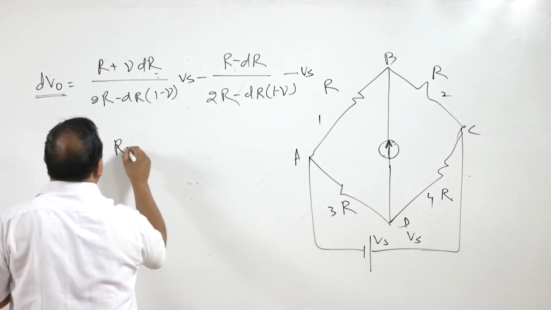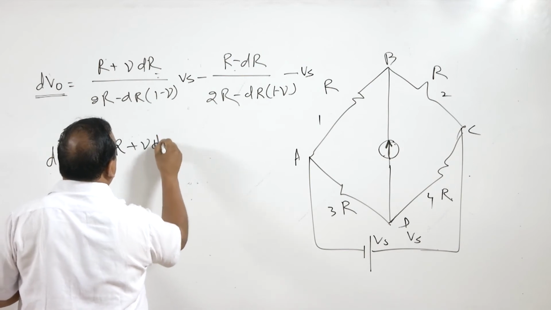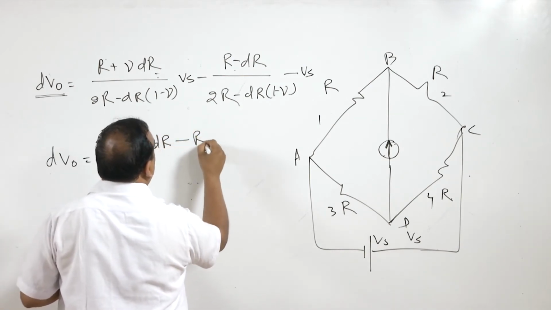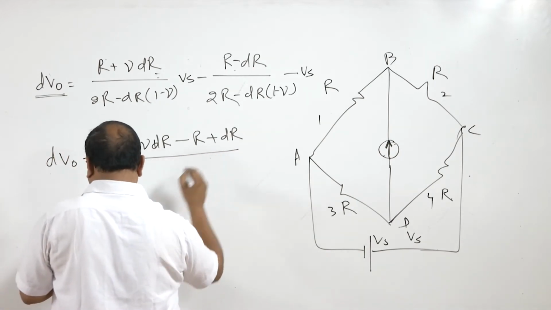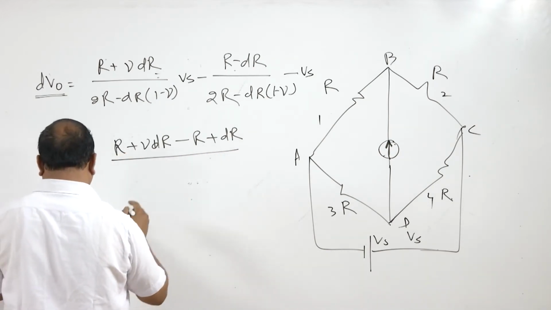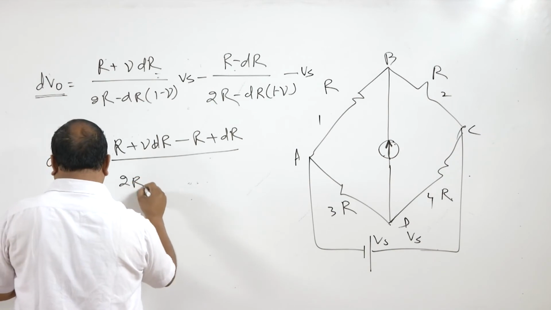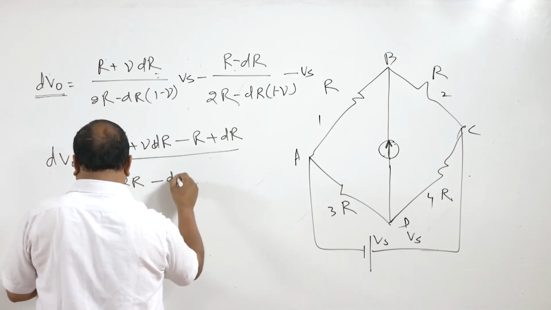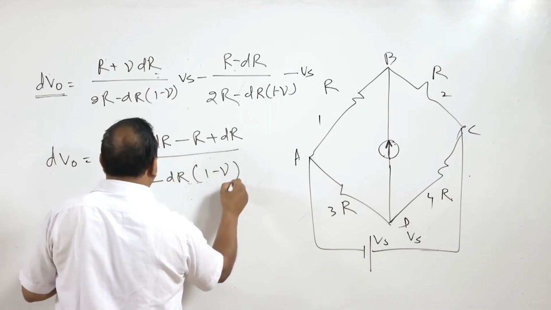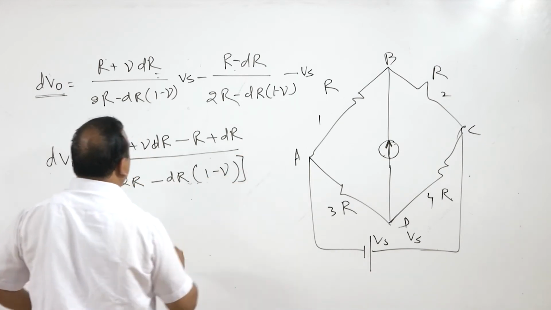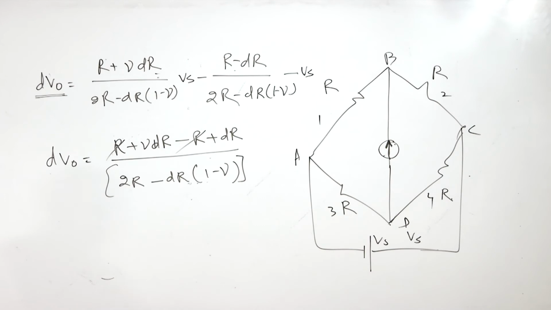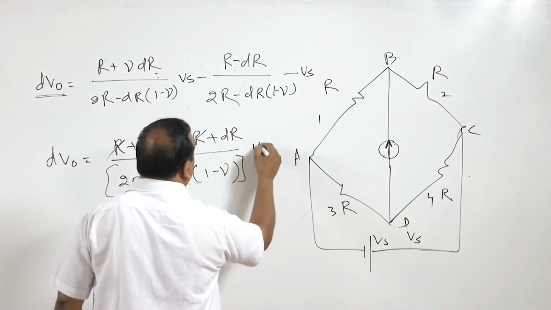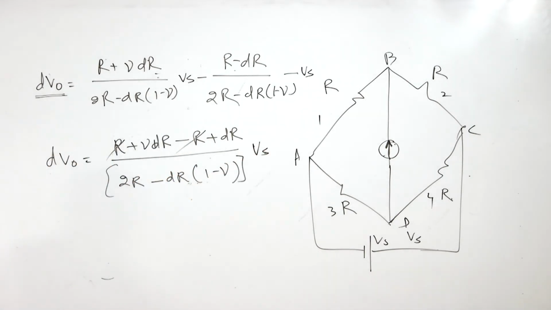R plus nu dr minus R plus dr, divided by 2R minus dr times 1 minus nu. So this R and R will cancel out, multiplied by Vs, right?